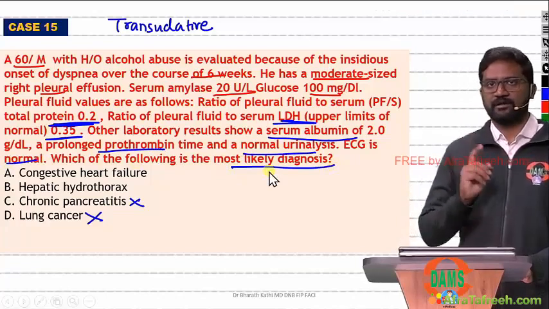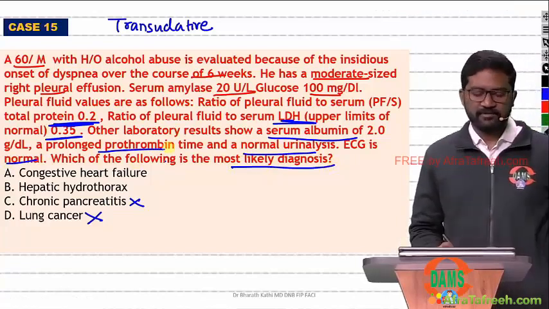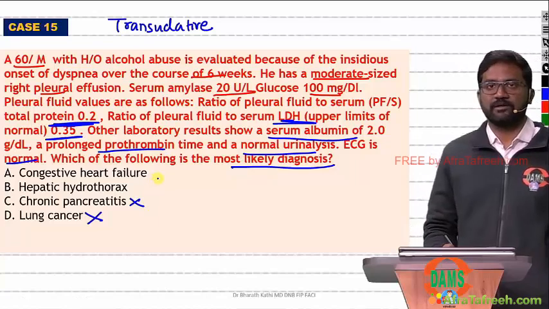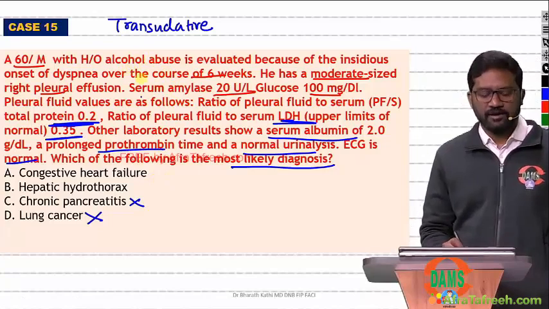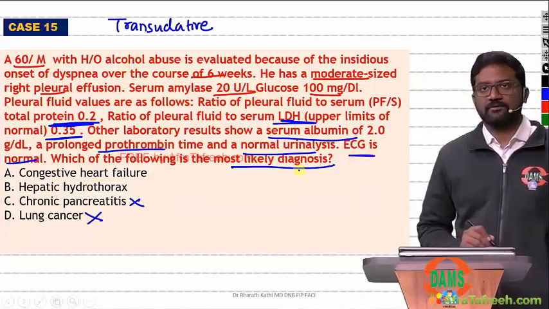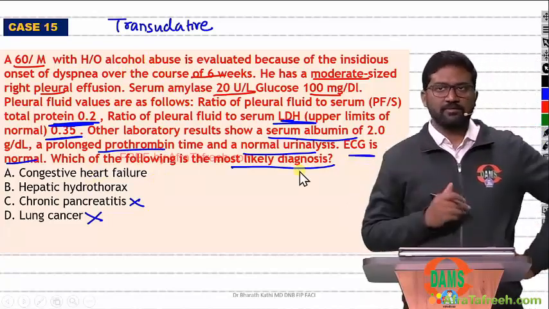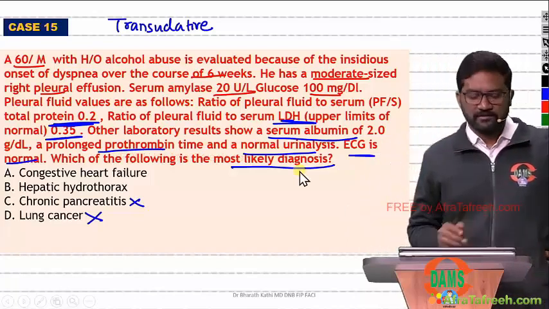Now this is a transudative pleural effusion. Out of this, heart failure is also commonly causing transudative pleural effusion, but there is no particular history of heart disease, and ECG is normal. So with that, I cannot conclude that patient is having heart disease.